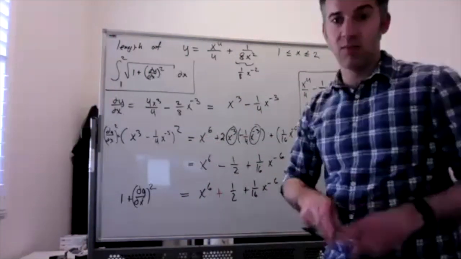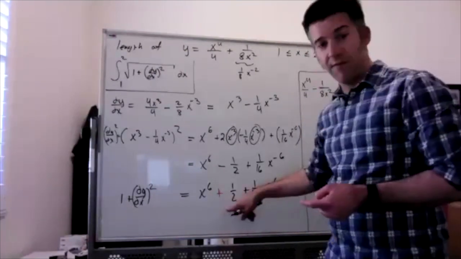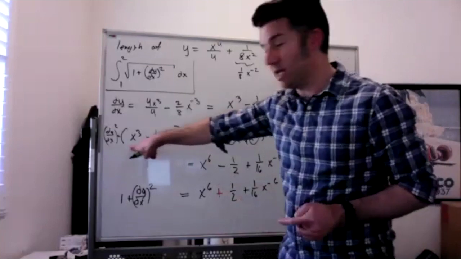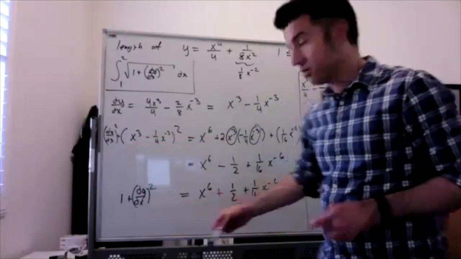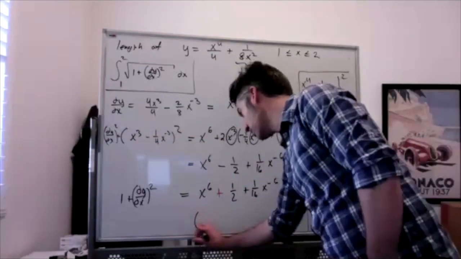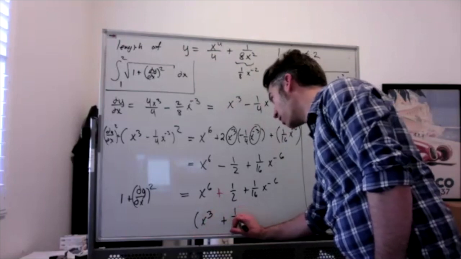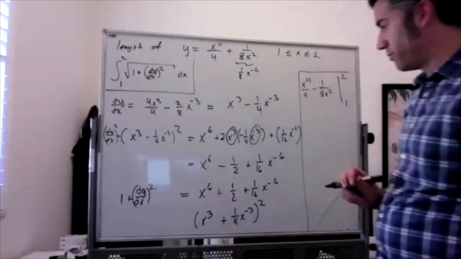All right, now here's the really key observation. This is going to factor, exactly as this, except the middle sign is going to be the opposite of what it was. So this is going to factor as (x cubed plus 1/4 x to the negative 3rd) quantity squared.